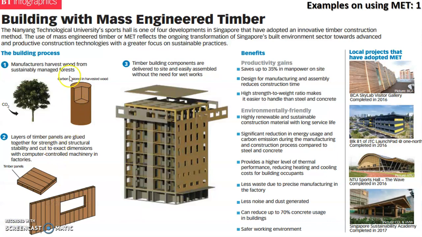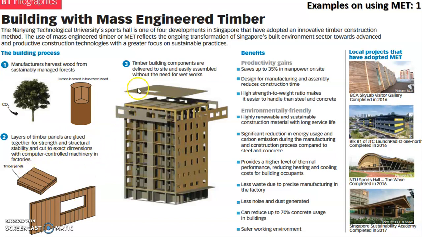From the infographics on building with mass engineered timber, you can see that this is the building process. The manufacturers will harvest the wood from sustainably managed forests, and then layers of timber panels are glued together for strength and structural stability, cut to exact dimensions with computer-controlled machineries in factories.